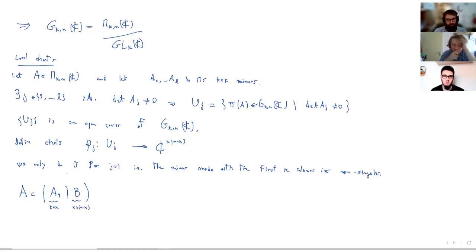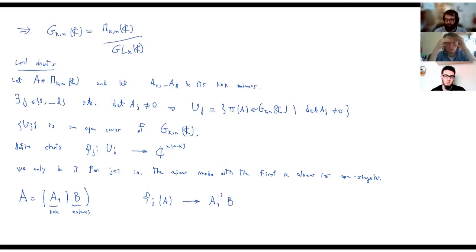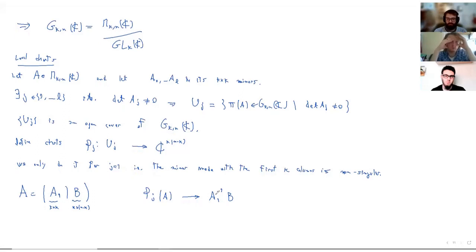So you should already imagine that the important information is encoded here simply because it's the right dimension at least. And in fact, the map takes phi 1 of A and sends it to A1 inverse times B. Okay, so you see this is a k times n minus k matrix.